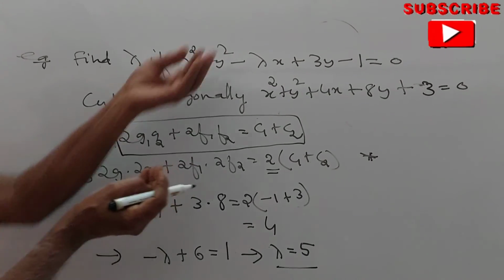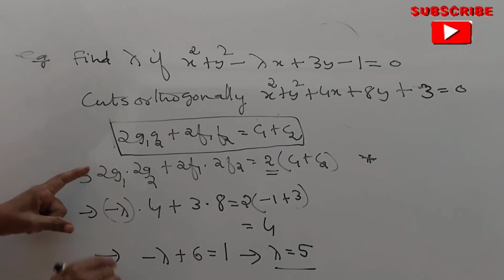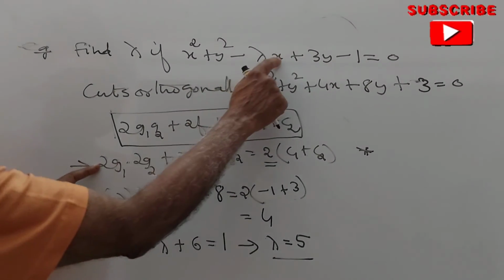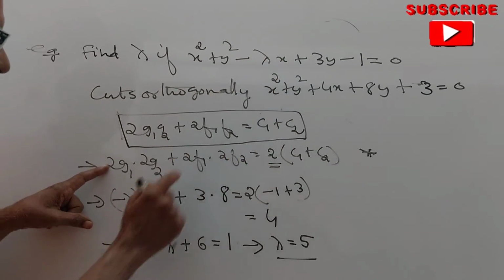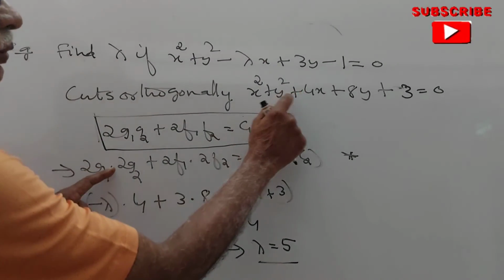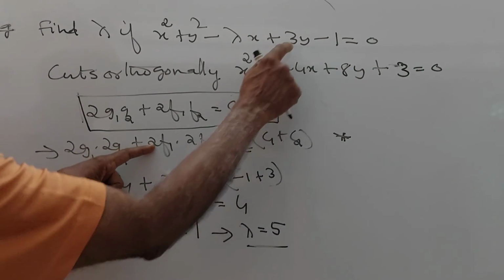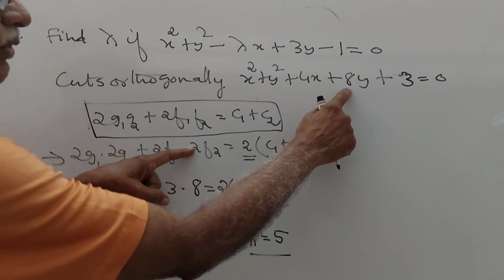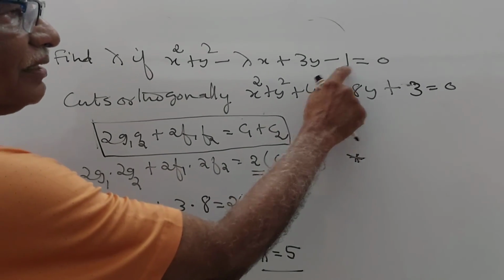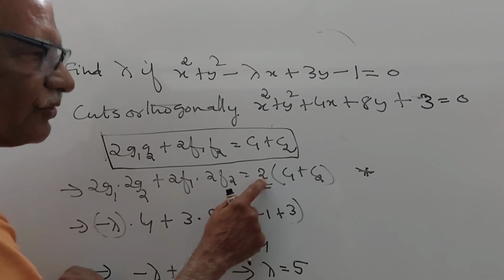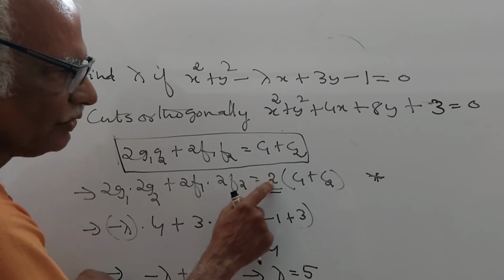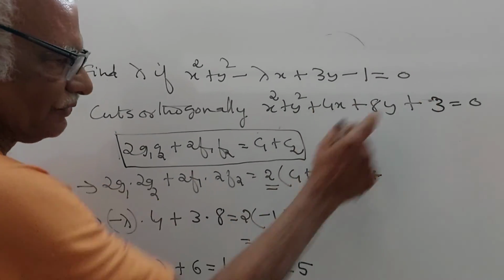Now it is easy to obtain the result because 2g1 is the coefficient of x, so minus lambda. 2g2 is the coefficient of x, so it is 4, plus 2f1 is 3, 2f2 is 8. For c1 and c2, we require 2 into the sum of that: 2 into minus 1 plus 3.